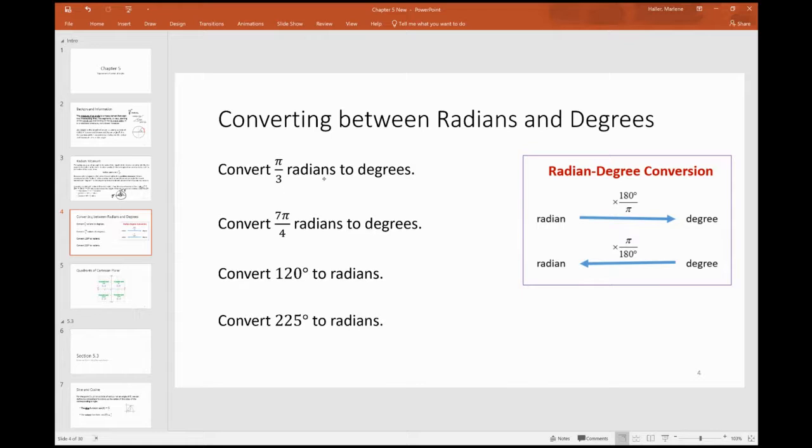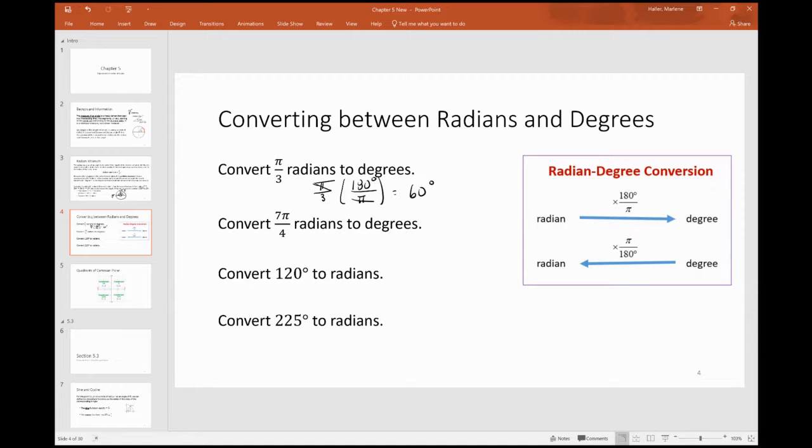If we want to convert pi over 3 radians to degrees, we multiply pi over 3 by 180 degrees over pi. Of course, the pi's will divide out, and 180 divided by 3 is just 60 degrees.